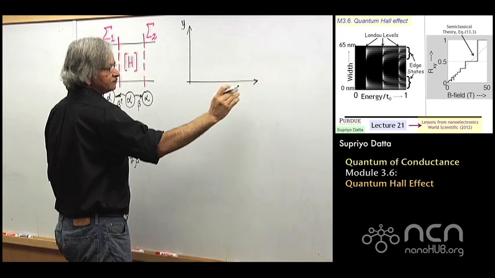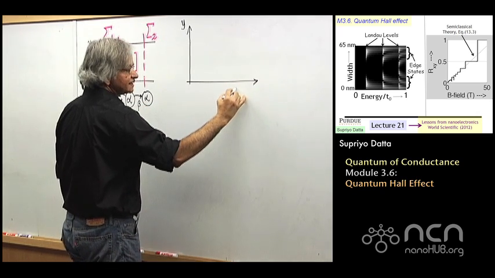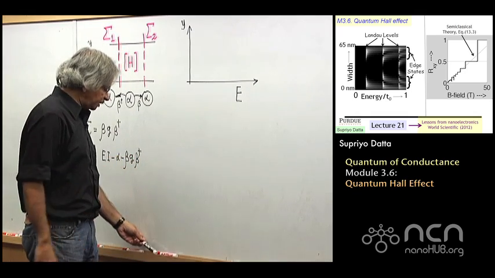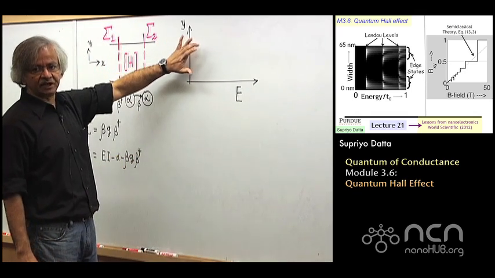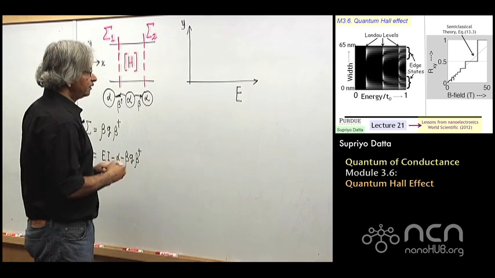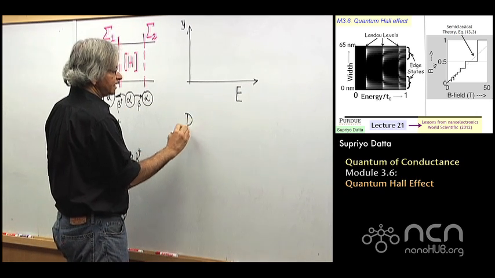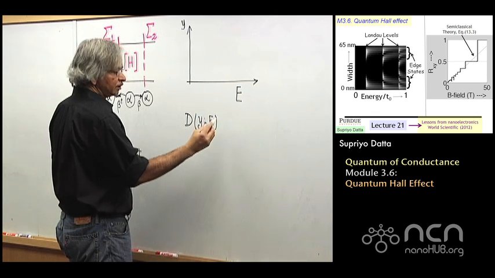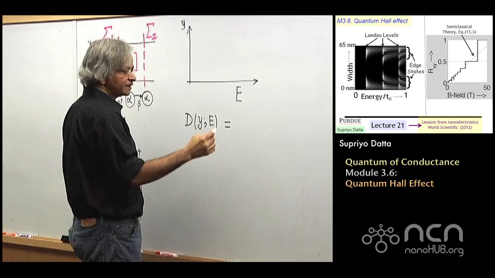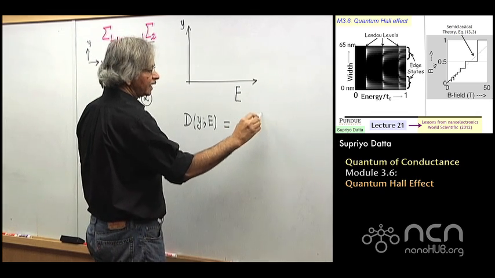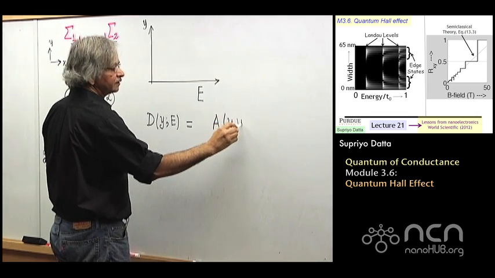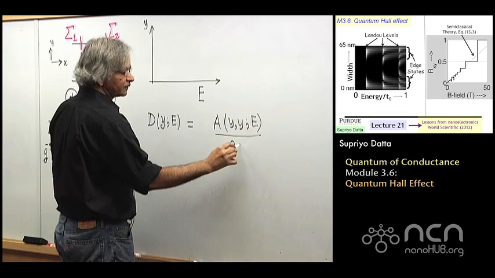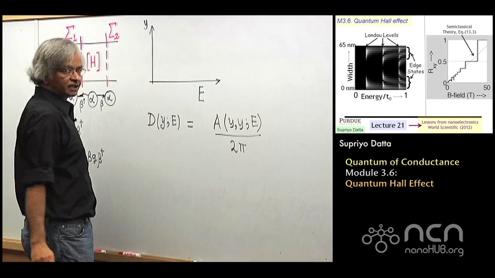So what you could do is use this axis as energy E. And then do a grayscale plot, in the sense that when I look at the density of states at a location Y at an energy E, how will I find it? Well, I find it from that spectral function A. I look at its diagonal element at this energy E and divide by 2 pi. So if I do that, I'll get this density of states.